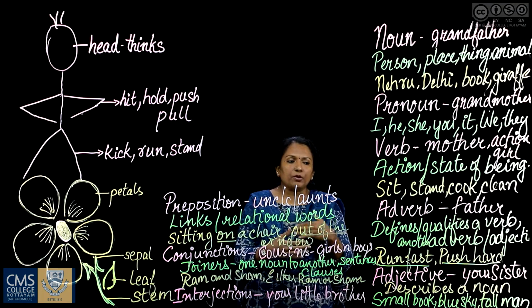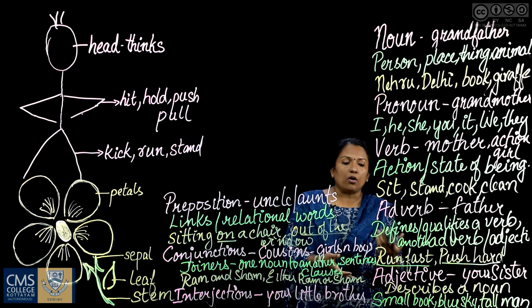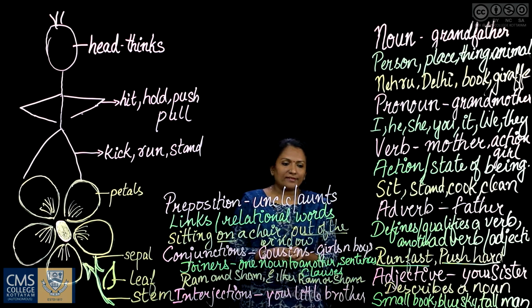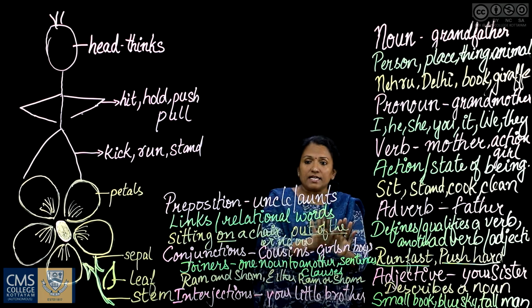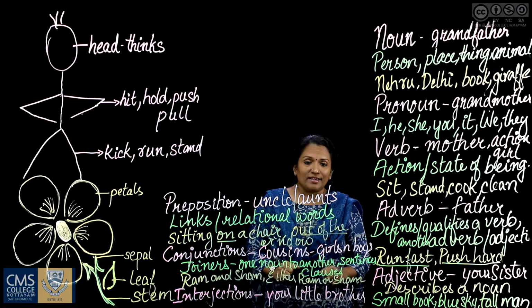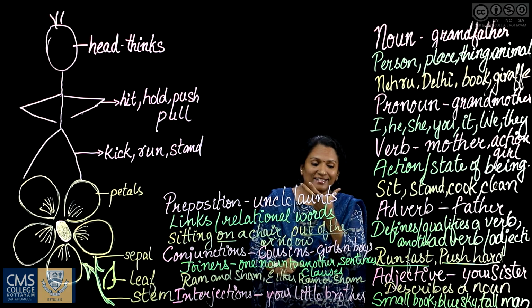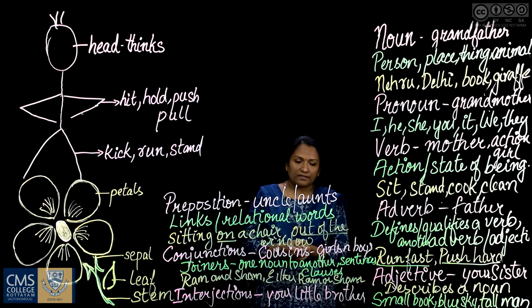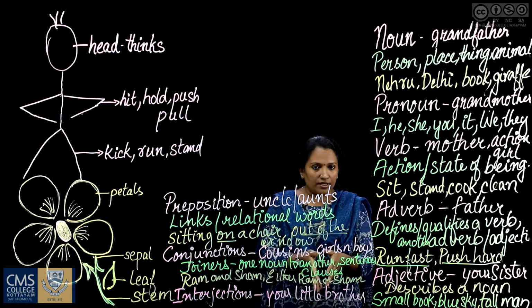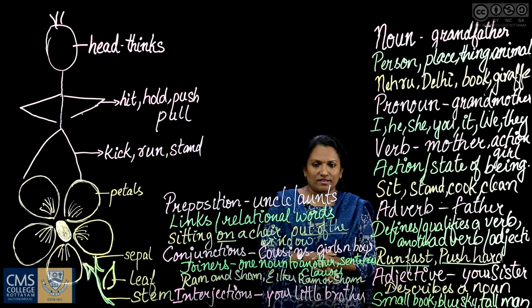So an adverb qualifies a verb, another adverb or an adjective. So your examples would be run fast, push hard, stand firm, smile wide. So those are adverbs. So they qualify verbs or adverbs or adjectives.